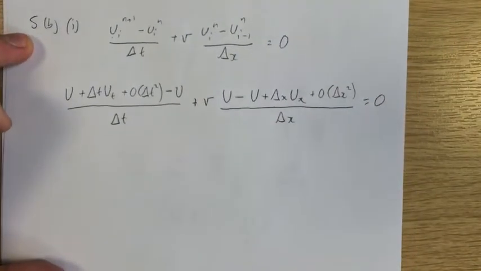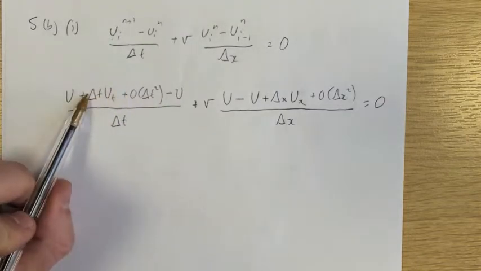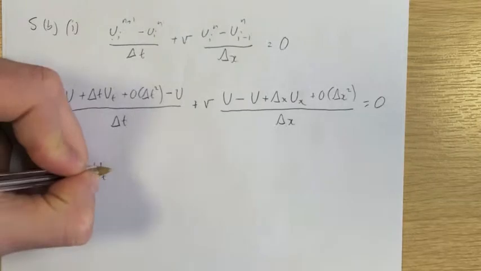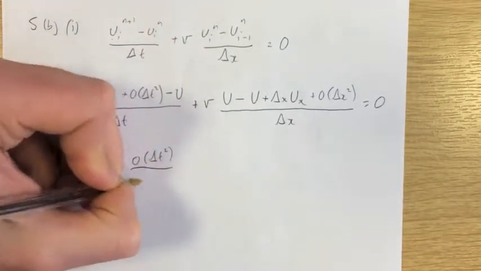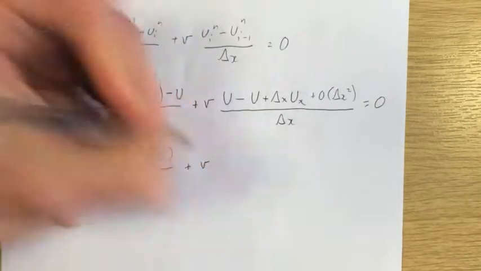Okay, so now I've got a bit of tidying up. The u's cancel out here, and I've got delta t times ut over delta t, so that's just going to be ut plus truncation error, that's divided by delta t, plus v.